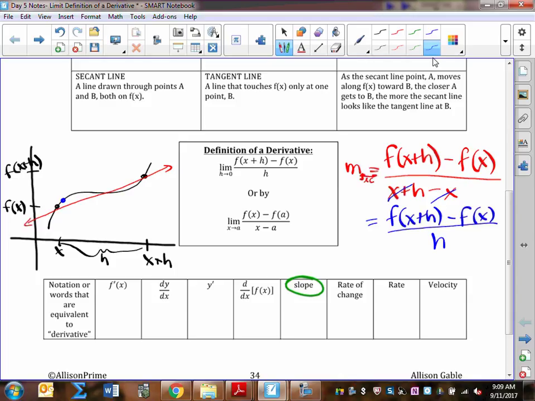So say this is my new x plus h. This would be my new f of x plus h. Would you agree that this secant line is much closer to the actual tangent line? Do your best to actually draw the real tangent line at that point x. And it's difficult.